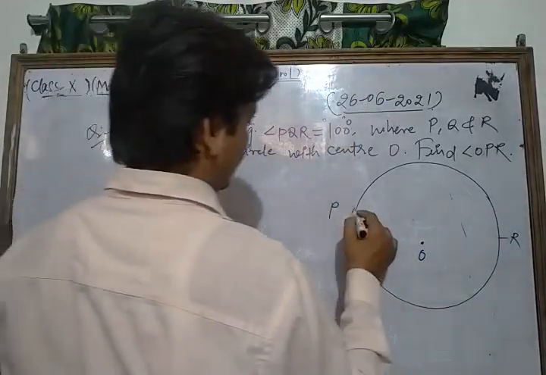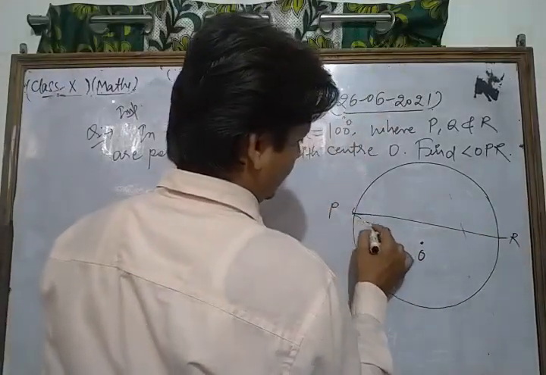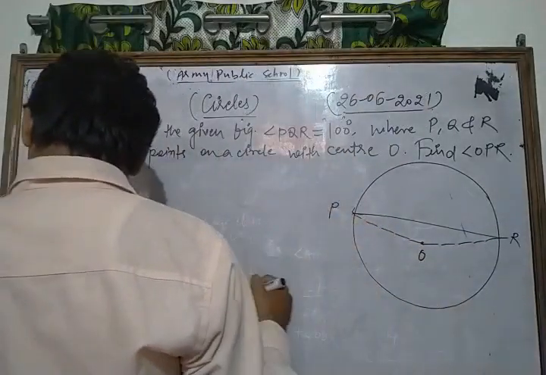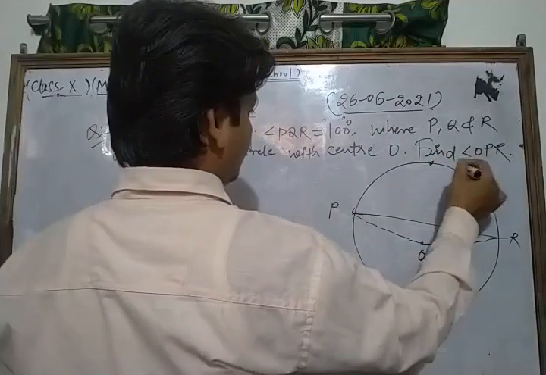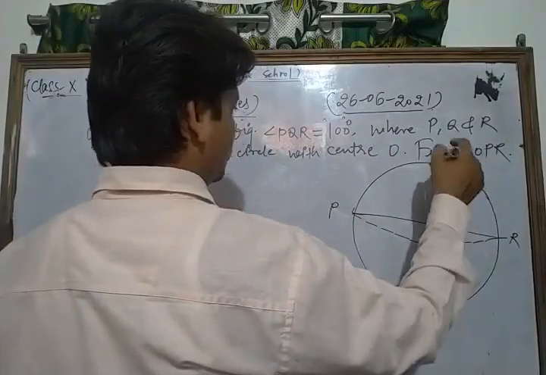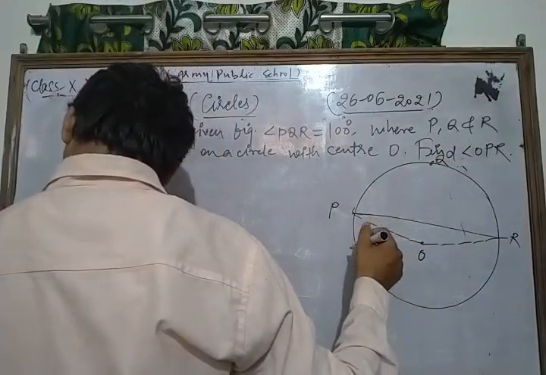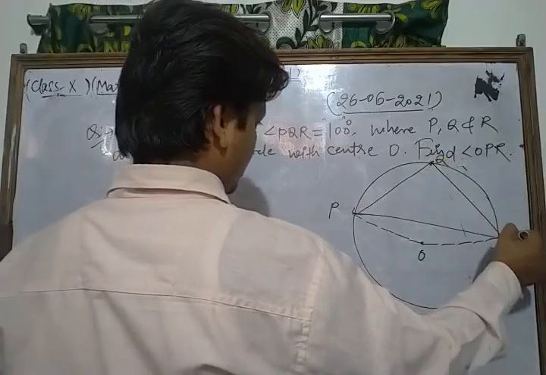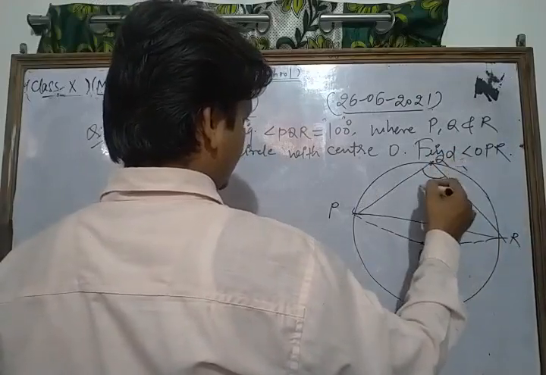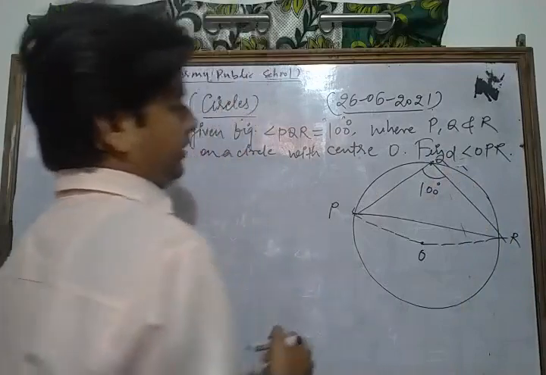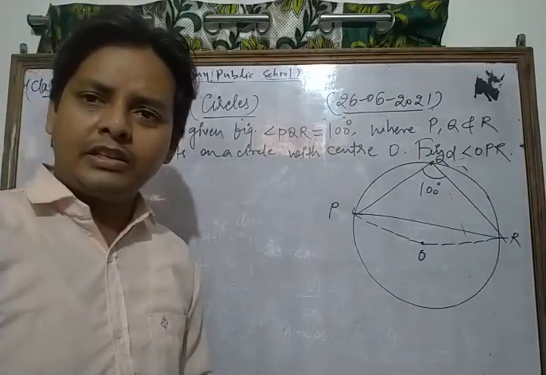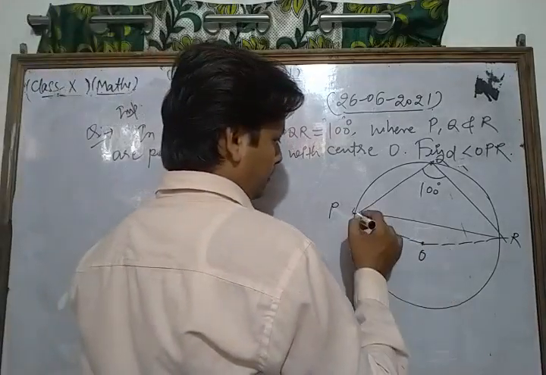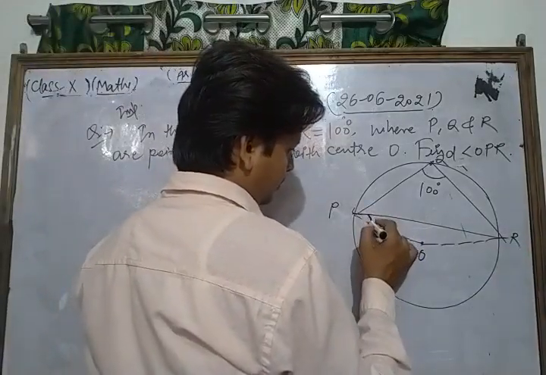This is OP, this is OR, and here is a third point Q. Here angle PQR is 100 degrees. In that figure, dear students, we find the value of angle OPR.